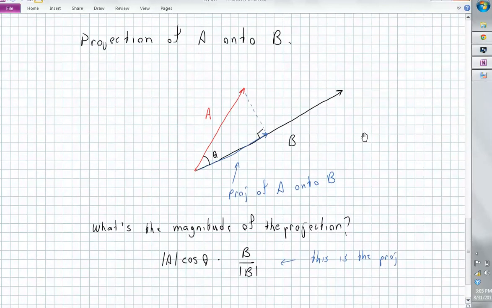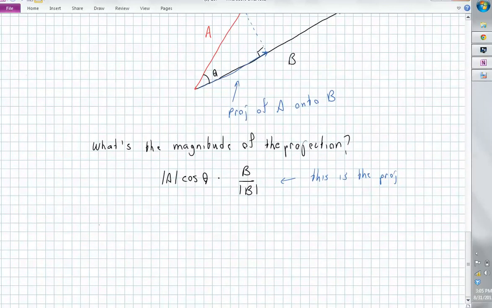So let's go down here and look at what we have. We've got A dot B, magnitude of A, magnitude of B, cosine of theta. And we have A cosine theta here, so we know that A cosine theta is equal to what? It's equal to that.